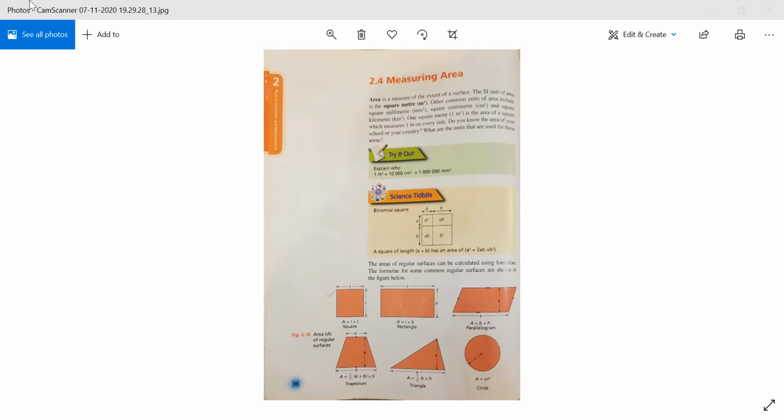Now when we are talking about a rectangle, a rectangle has 2 same sides and 2 different sides. So the area of a rectangle will be length multiplied by breadth.